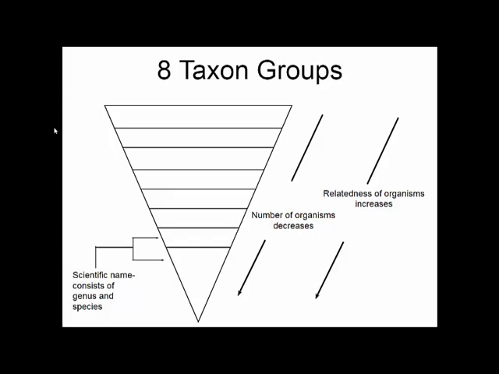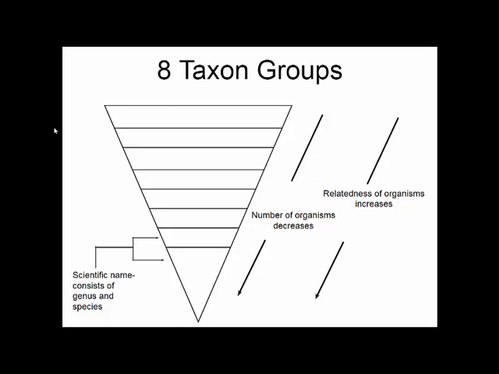You guys, we've already talked about one of these groups. I asked you about kingdoms, and you have a few of the kingdoms. So when we classify things, we can put them in different categories, starting with very general, very broad categories.